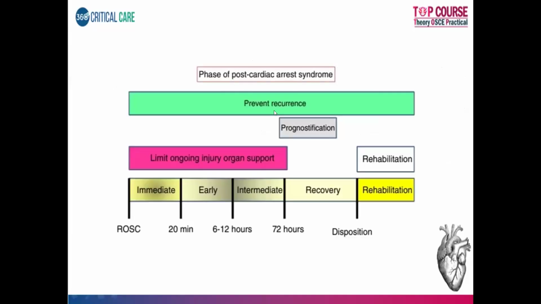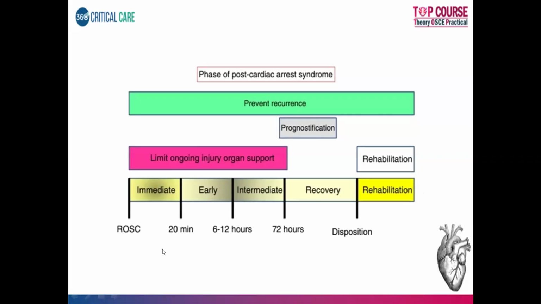So what are the phases of post-cardiac arrest syndrome? Basically it is divided into 5 phases. Immediately after the achievement of ROSC, up to 20 minutes, it is known as the immediate period. Then from 20 minutes to nearly 12 hours, it is known as the early period. From 12 to 72 hours, it is the intermediate period, post which it is the recovery phase followed by the rehabilitation phase.